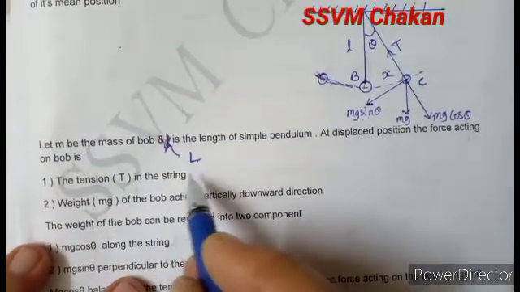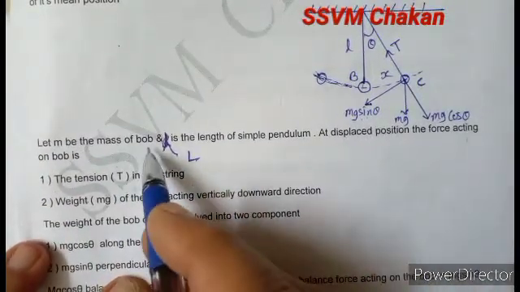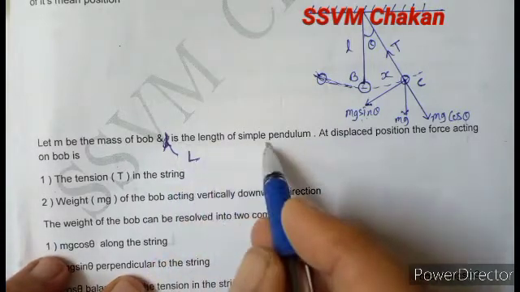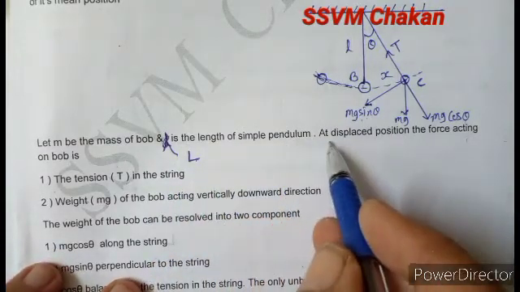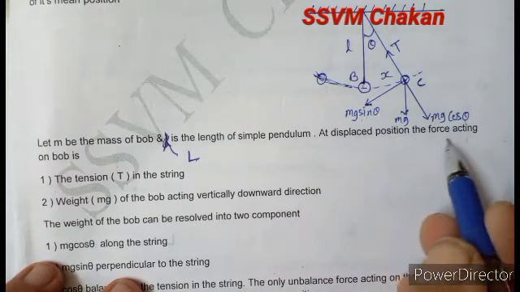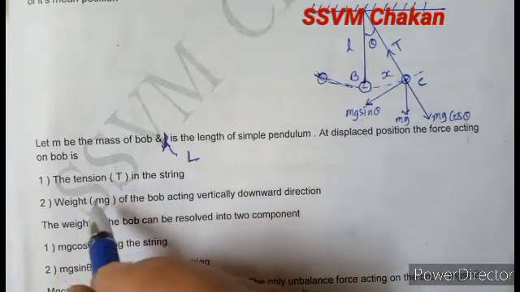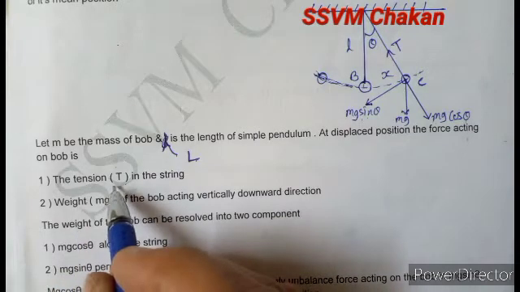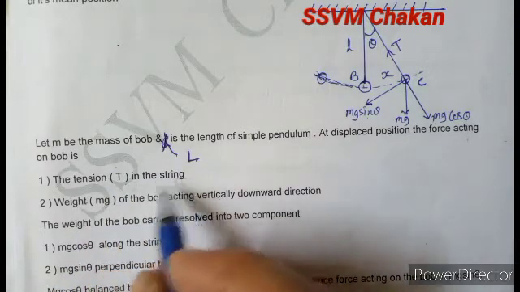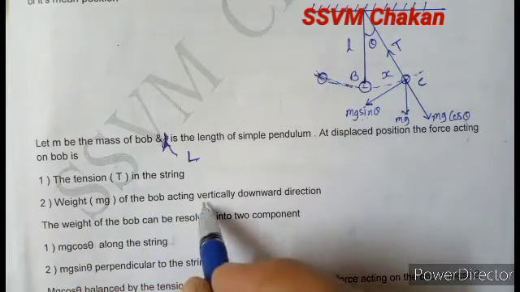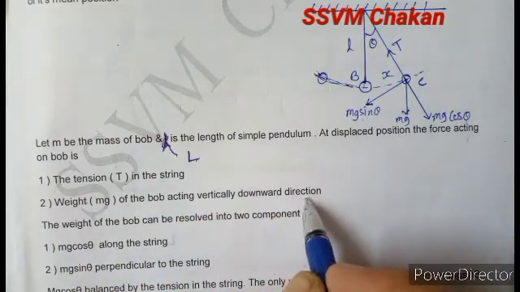Let m be the mass of the bob, that means the sphere. L is the length of the simple pendulum. At a displaced position, the forces acting on the bob are, first, tension T in the string, and second, weight mg of the bob acting vertically downward.